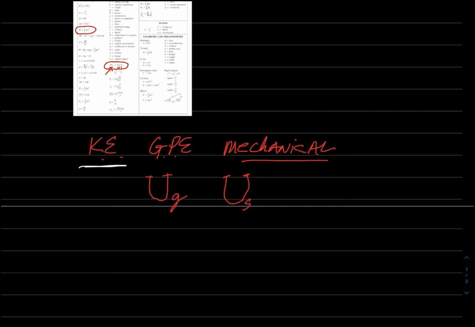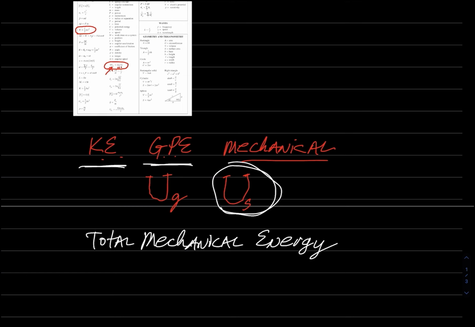So the kinetic energy and these two kinds of potential energy, the gravitational potential energy and the spring potential energy, sum to the total mechanical energy of a system of an object and the Earth.